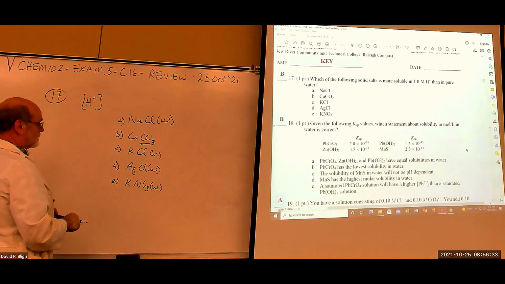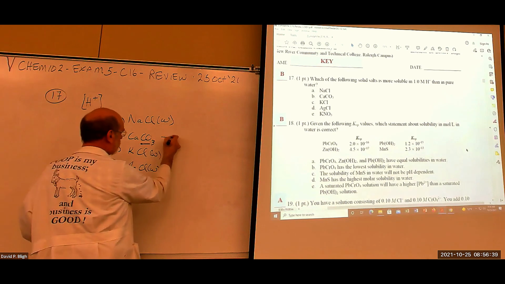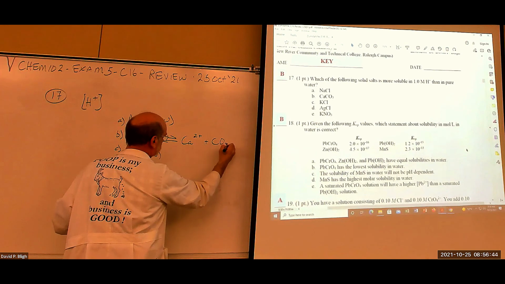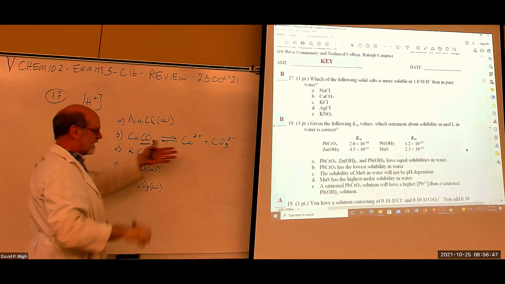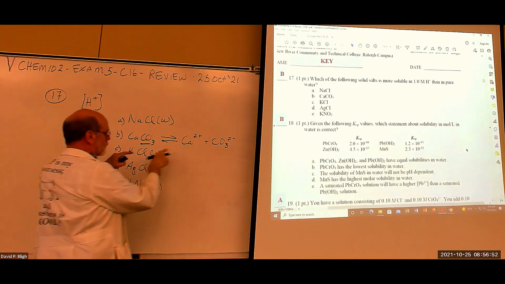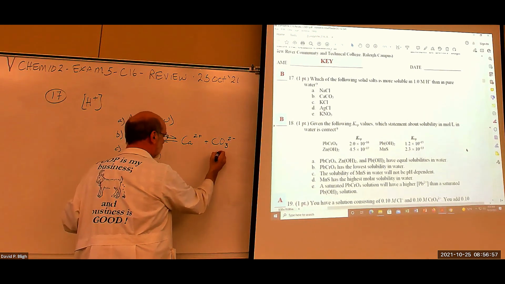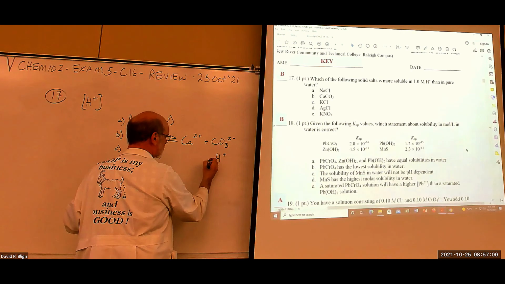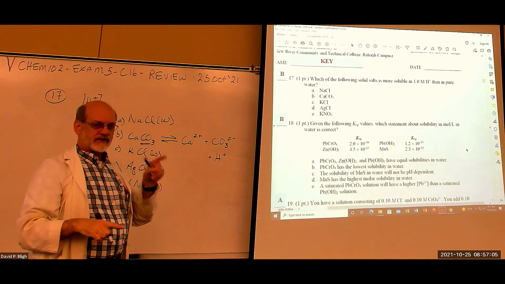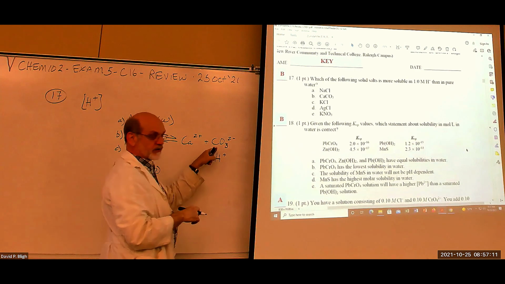Now, why is that? Why does the carbonate become more soluble in acidic solution? Well, when we write out the equation, I'm going to leave out the aqueous parts. This is slightly soluble, but if you add hydrogen ions, they're going to react with this strong base. A strong base wants hydrogen ions really bad. So if you put hydrogen ions in here, what's it going to do?